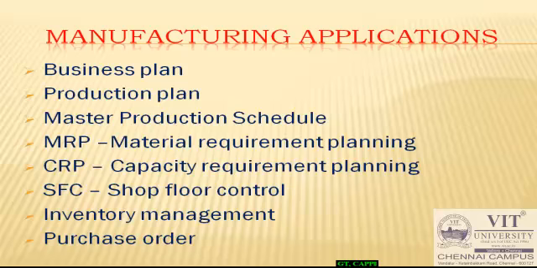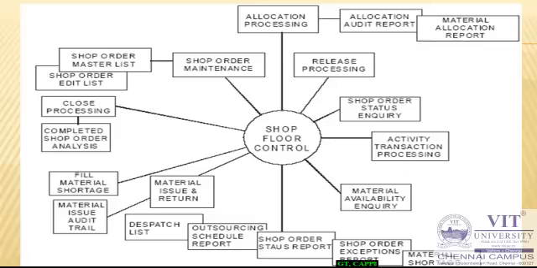Purchase orders for procuring material, purchase orders for procuring new machines if the demand is high, then recruitment of manpower, to increase the manpower if it is required to meet the demand. So these are all the manufacturing applications.